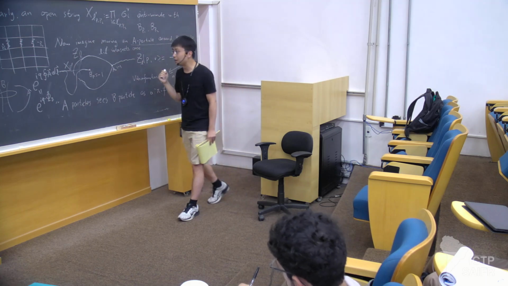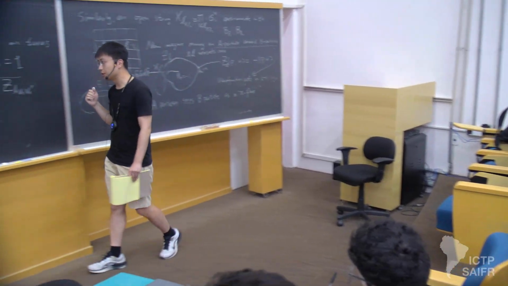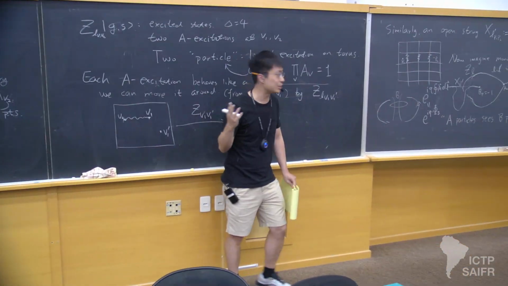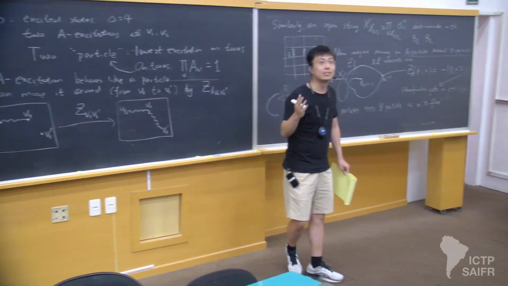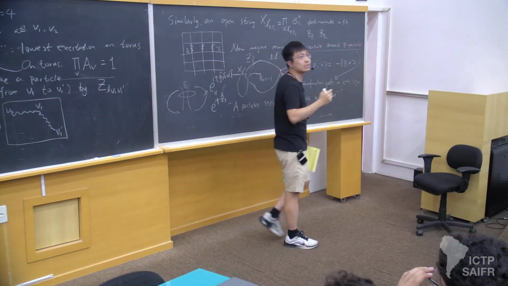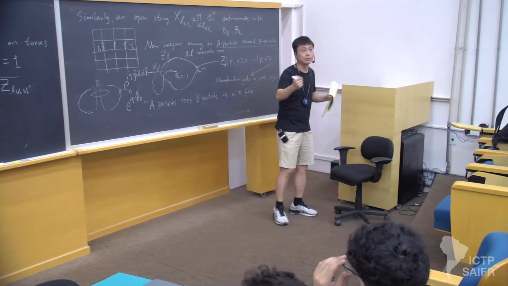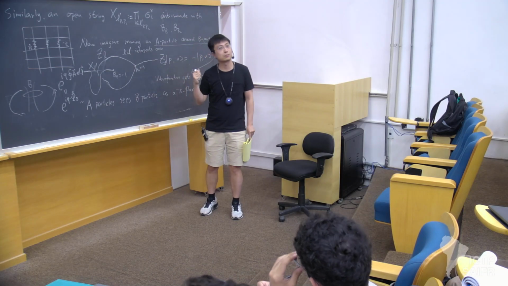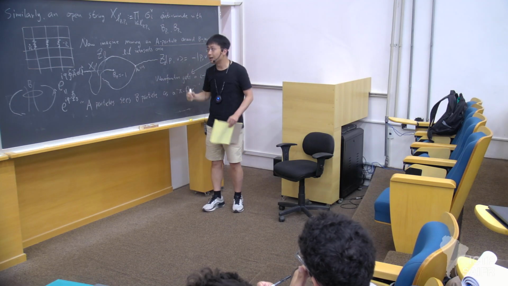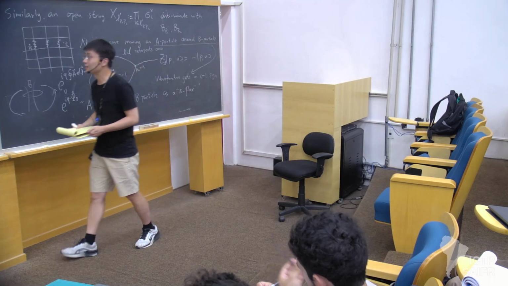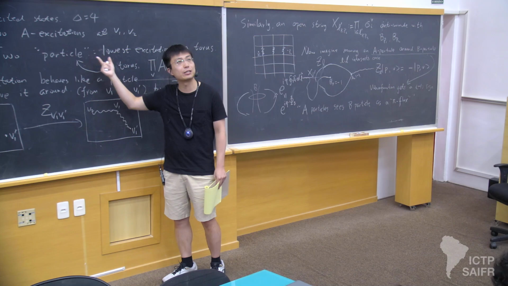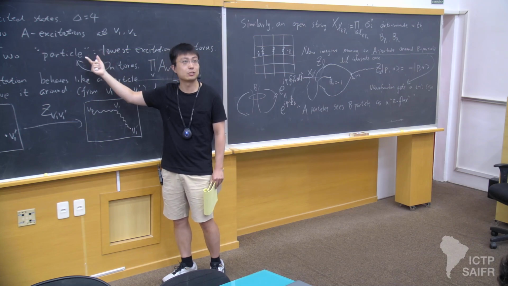And in fact, the analogy can go deeper. I won't say much about it, but secretly, what I've been teaching you for these two days is a gauge theory. Except it's not the usual E&M gauge theory where the gauge group is U(1). This one has gauge group Z2, so everything is just plus or minus 1. And the statement that particles can be created only in pairs, not on their own, is actually an analog of gauge charge conservation.